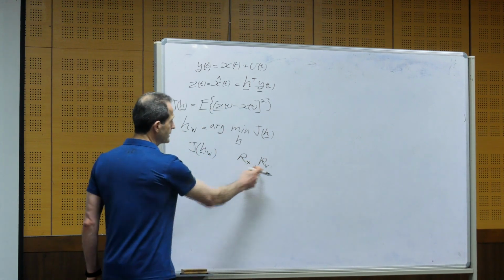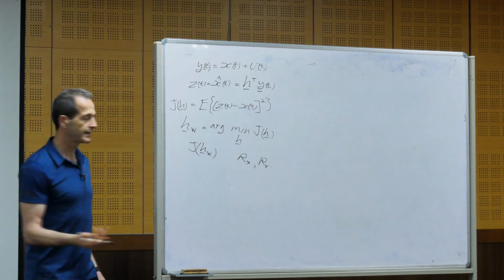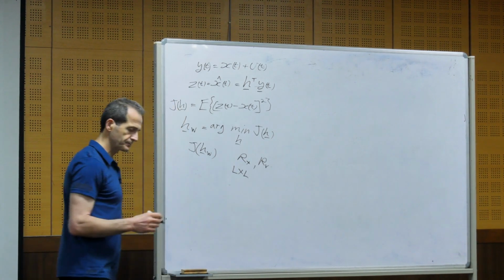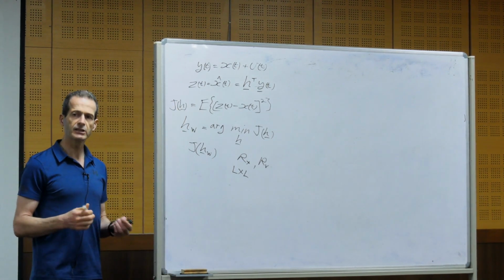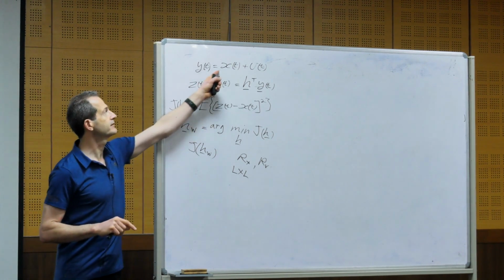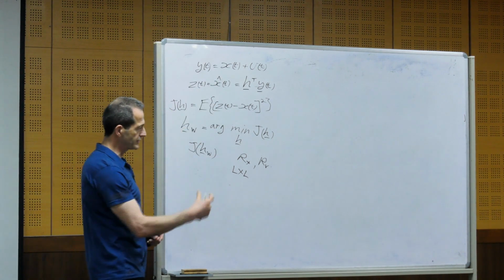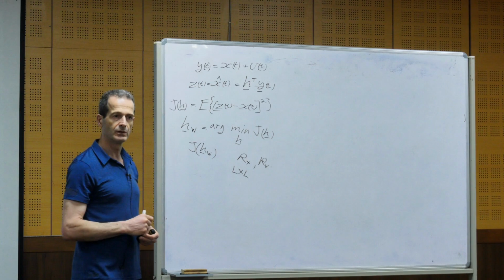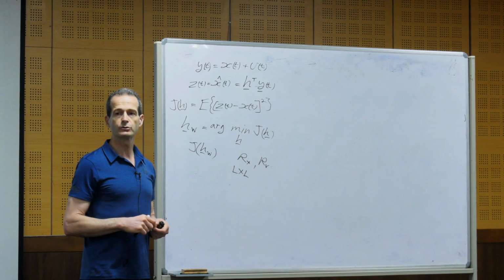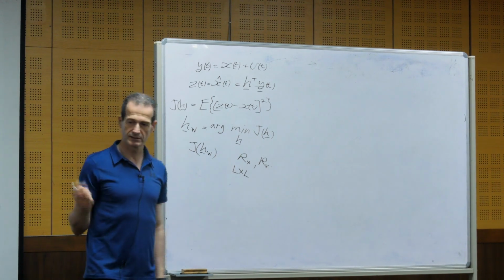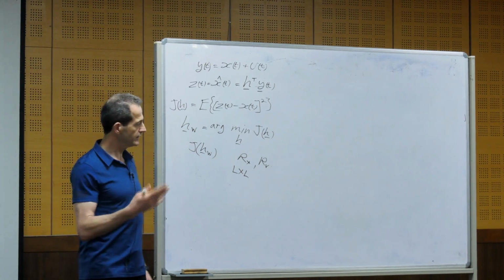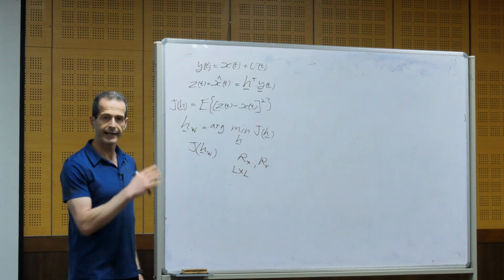These matrices are of size L by L, and they contain the correlation between any two samples inside the vector x, the average. This information is very important, and it's not easy to get in practice, so there are different methods. Any questions on that?